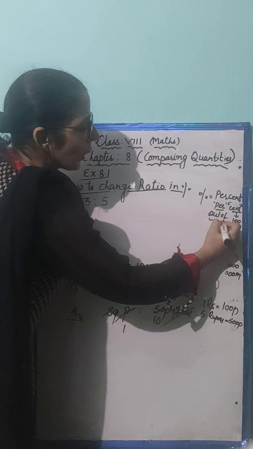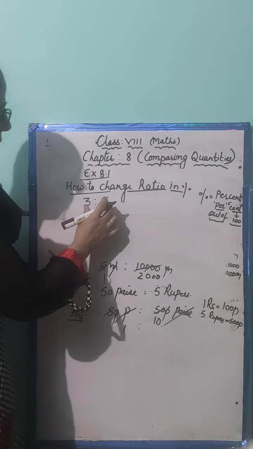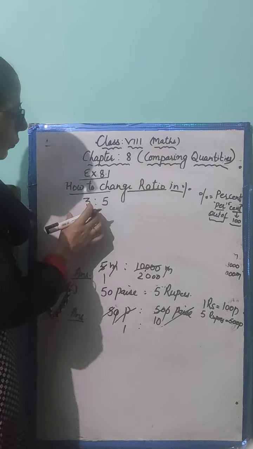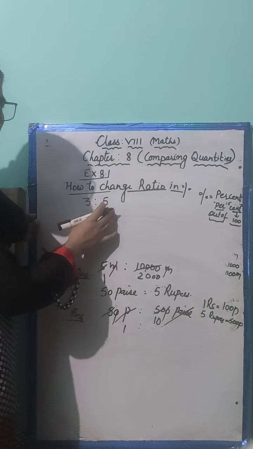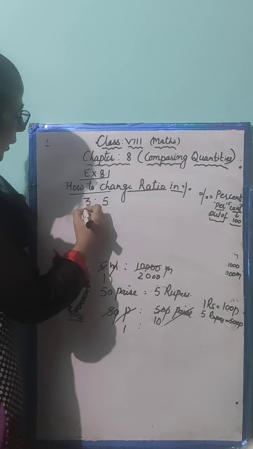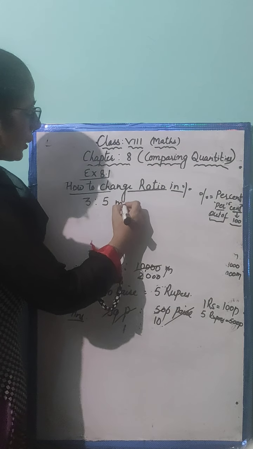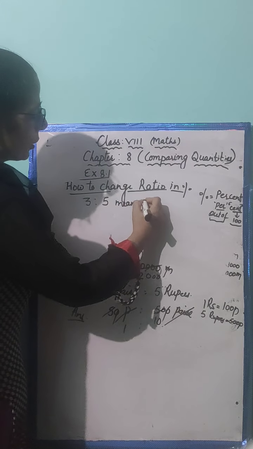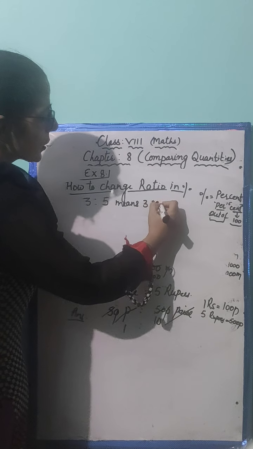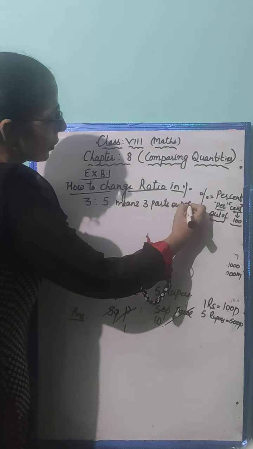So I want to get how much out of 100. So 3 parts out of 5. This is the meaning of the word ratio, na? Ratio means out of 5. 3:5 means 3 parts out of 5.